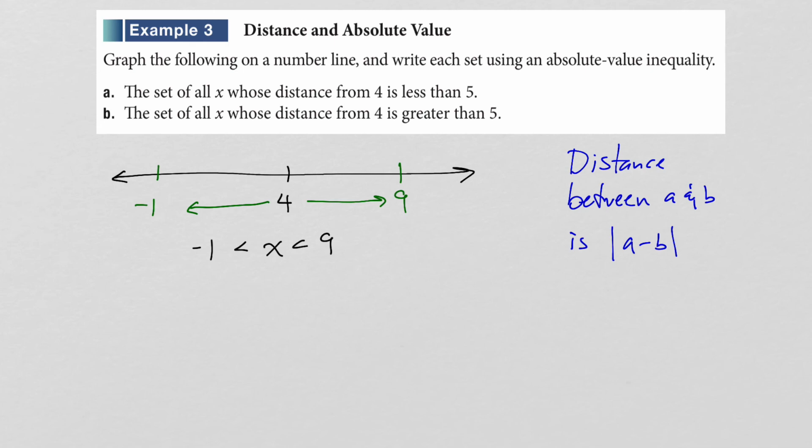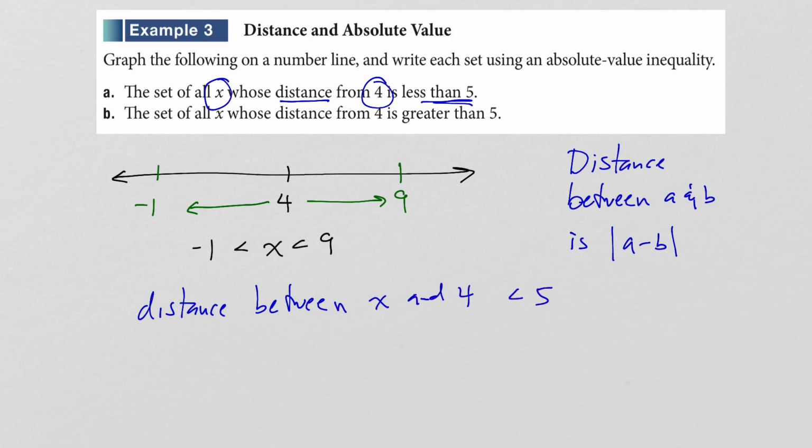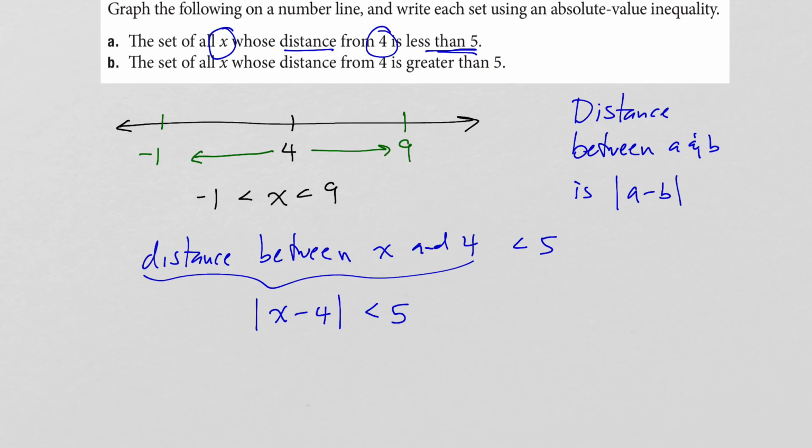So if I want the set of all numbers x whose distance from 4 is less than 5, then I want the distance between x and 4 to be less than 5. Well, the distance between x and 4 is the absolute value of x minus 4, and that needs to be less than 5. So this is how we would write this thing here in absolute value notation.